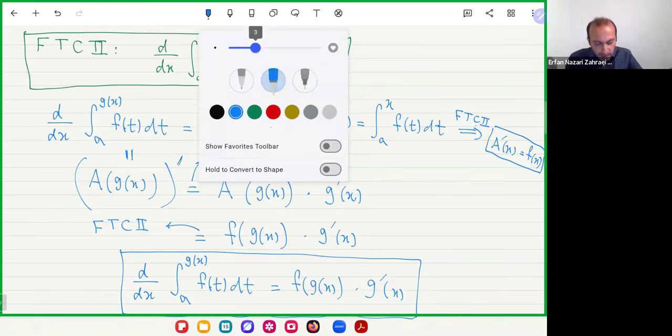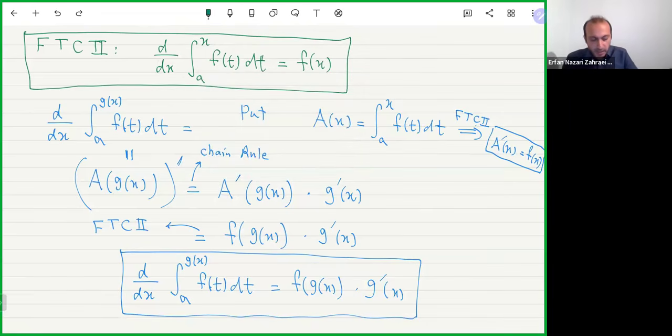So it's very similar to this. What was this? This was saying that if this is constant and this is the variable that you are taking the derivative of, then the derivative is to plug this inside this. For this one, it's saying that this should still be a constant, and this is a function of the variable that we are taking the derivative of. Then, because of the chain rule, it's not just plugging in. The plug-in part is this term, and it has an extra term: the derivative of the function that we have here.